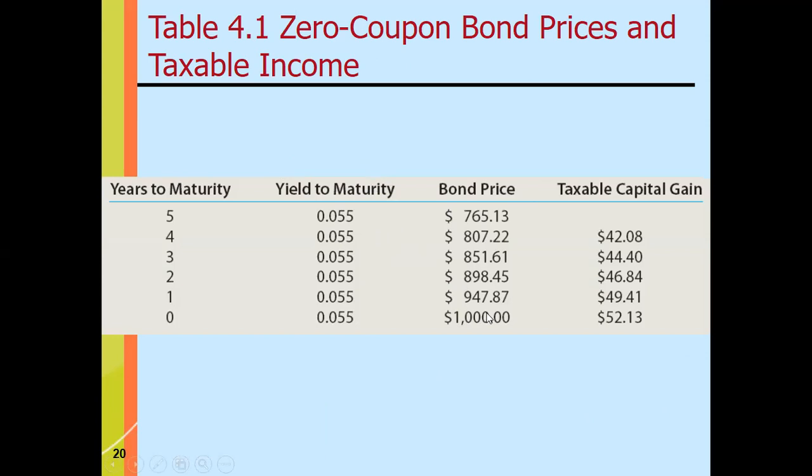If you notice, we just used PV of 1 to compute the bond price at time zero, looking at the fifth year. So if the time frame is 5 years, how much is the value of that particular bond at time zero? In that case, we get $765.13 at time zero.